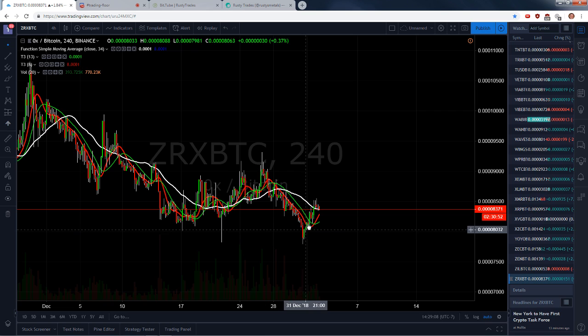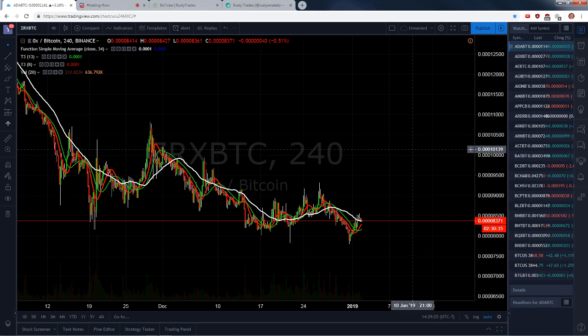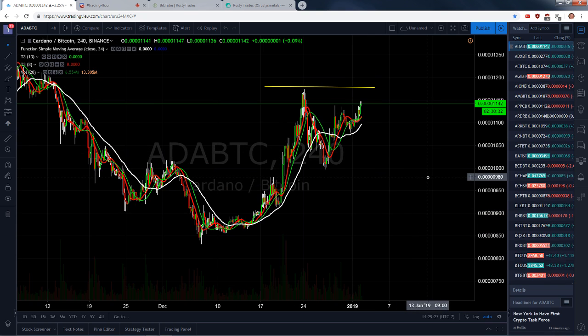Left shoulder, head. Back over support, or back over resistance. We had a resistance here. A, B bottom, 2-bar reversal over. Now I'm showing support again. Back to the beginning.